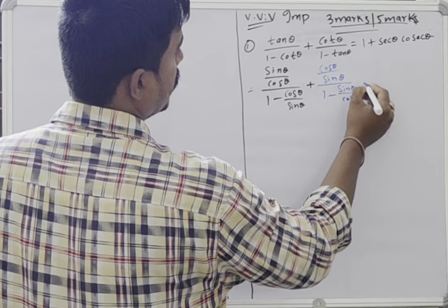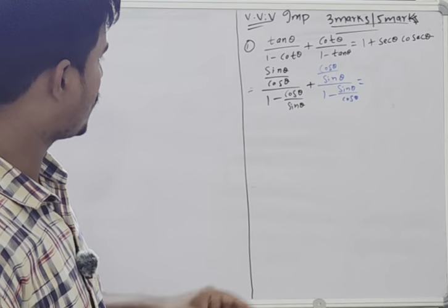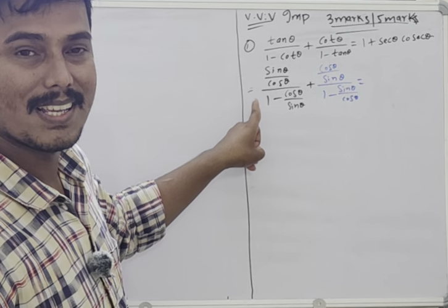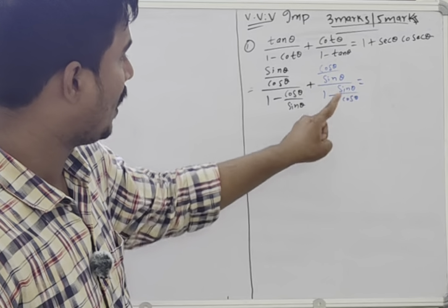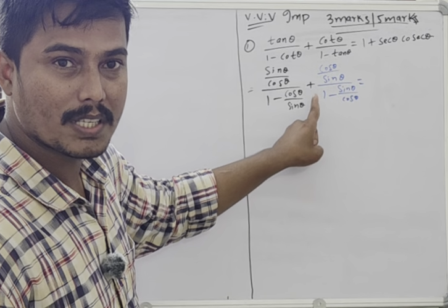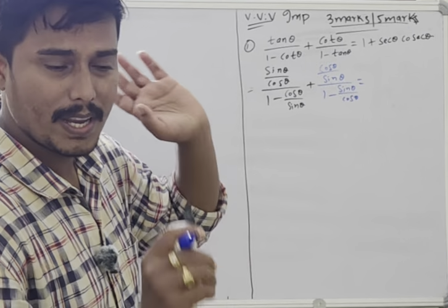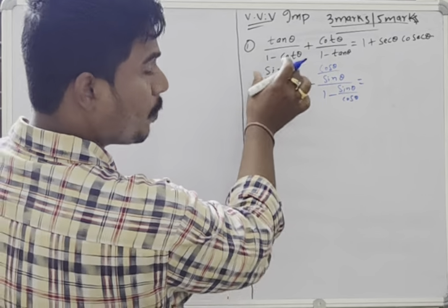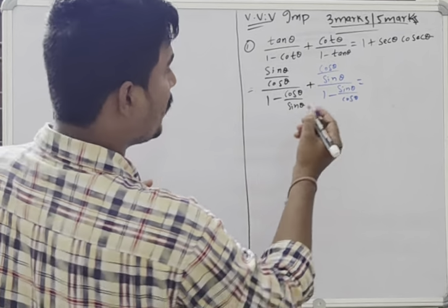by cos theta. If you see this, sin theta into 1 is sin theta, cos theta into 1 is cos theta. So cos theta minus sin theta by cos theta. Let us write those steps. The numerator is not changing, we are solving the denominator in the first step.